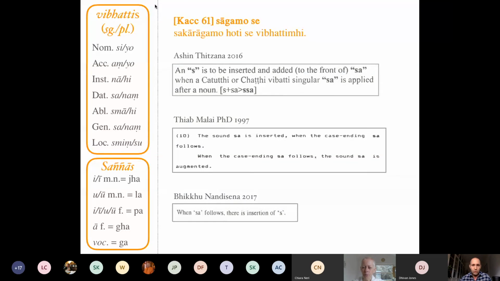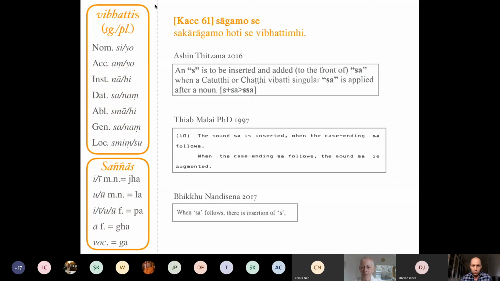So one question when we translate such sutra treatises is whether it makes any sense to actually translate the sutra into English, because even in Pali the text doesn't make much sense. You need to disclose the hidden meaning that is recurring. So in this case, I think just translating the Vutti, the gloss, Sakaragamo hoti se vipattihi, gives you the full meaning of Sagamo se.